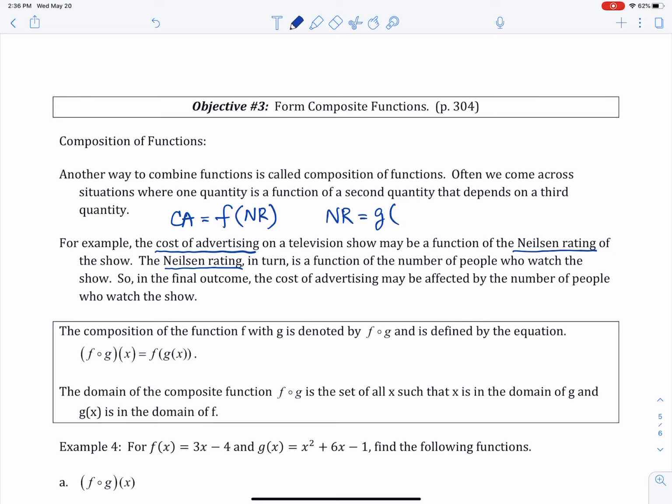It's a function of how many people watch the show. So, the number of people watching the show. So it turns out that the cost of advertisement is actually a function that depends on another function that depends on the number of people that watch the show.